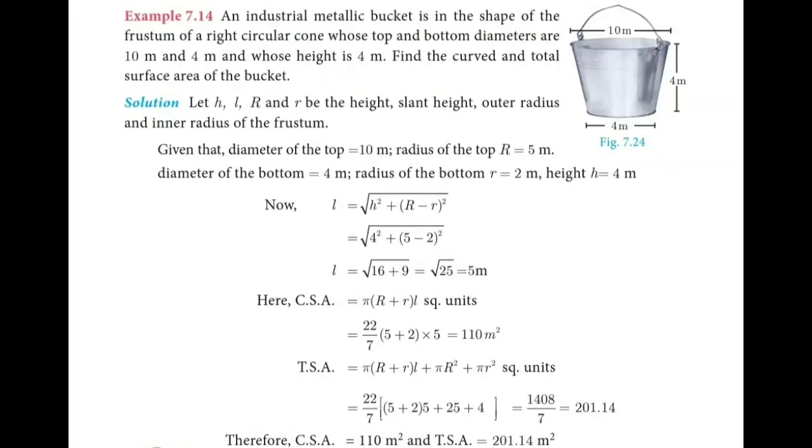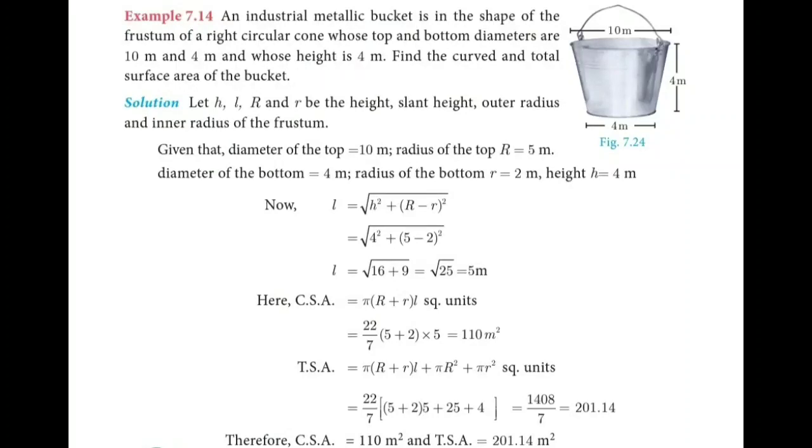Given that diameter of the top is equal to 10 meter, then radius of the top is 10 divided by 2, we get capital R is equal to 5 meter, and also diameter of the bottom is equal to 4 meter, radius of the bottom is 4 divided by 2, we get small r is equal to 2 meter. Height h is equal to 4 meter.